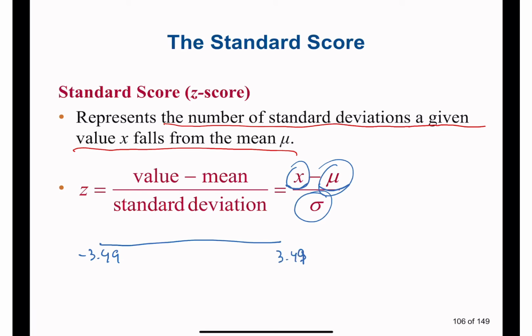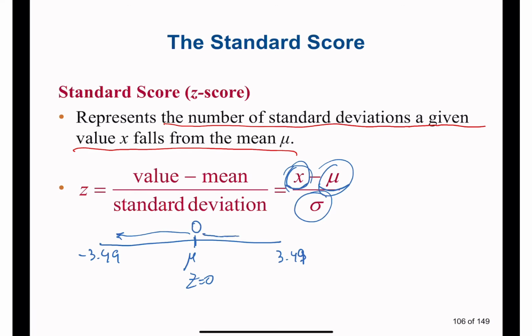Now, z-score shows how many standard deviations the element x has drifted away from the average. Right in the middle is 0, which means it matches your average. Below 0, it's below average.